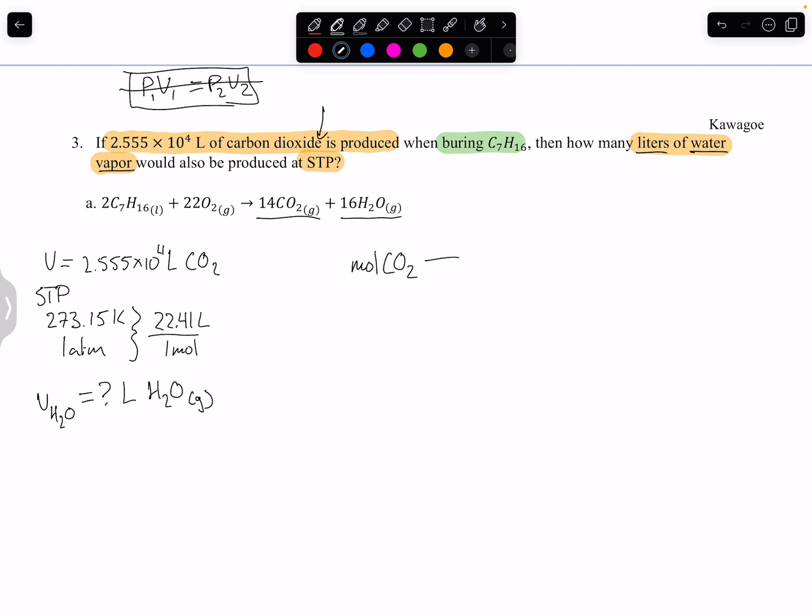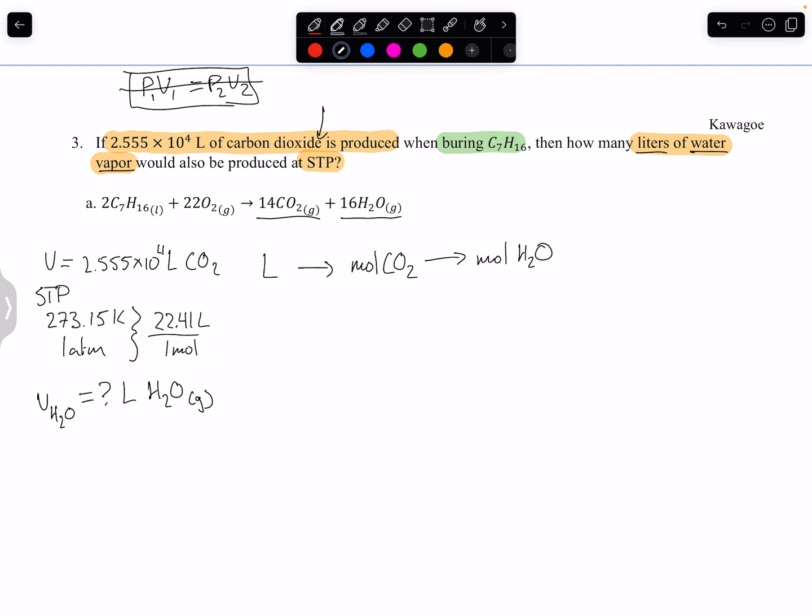So this is going to be moles of CO2. We use a mole ratio that lets us convert to moles of H2O. And then we can figure out the other units, how we convert to and from. So we're going to use this 22.41 liters per mole.